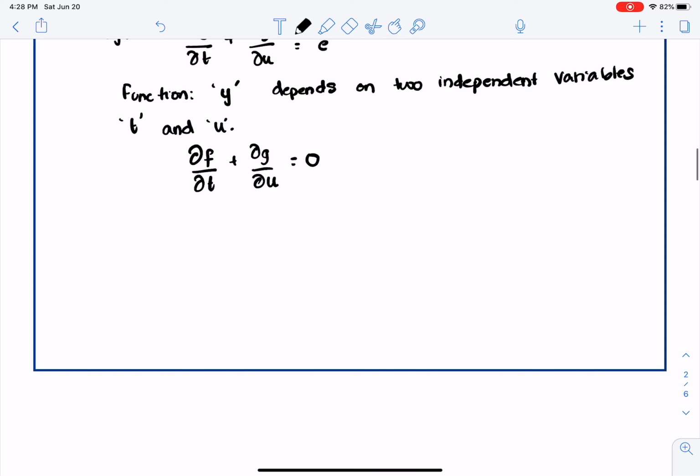So here, this is a PDE. The functions in the equation are f and g. We have two of them, and both of them depend on t, u. In other words, there are two independent variables.